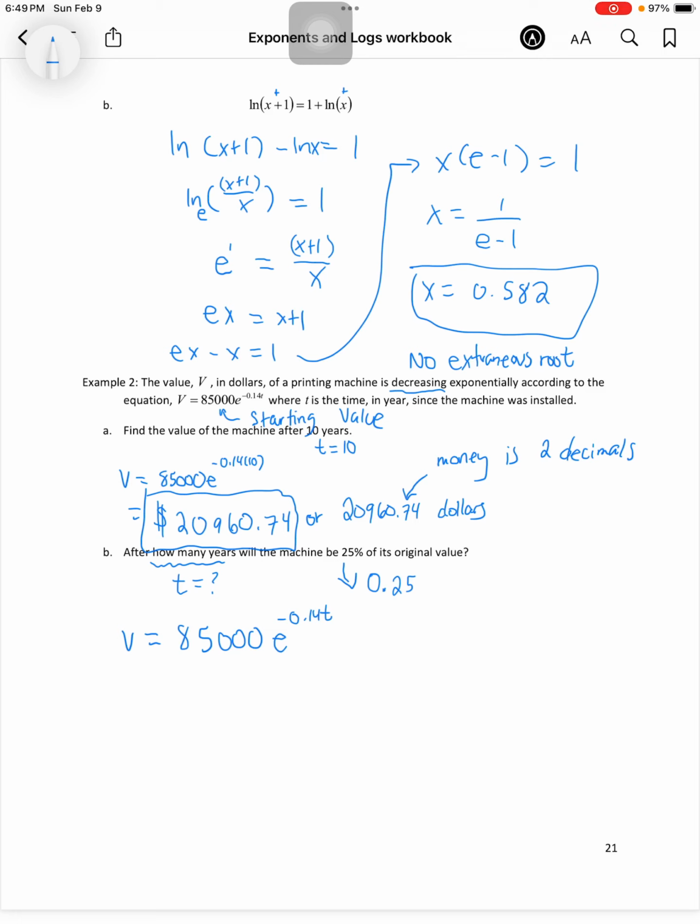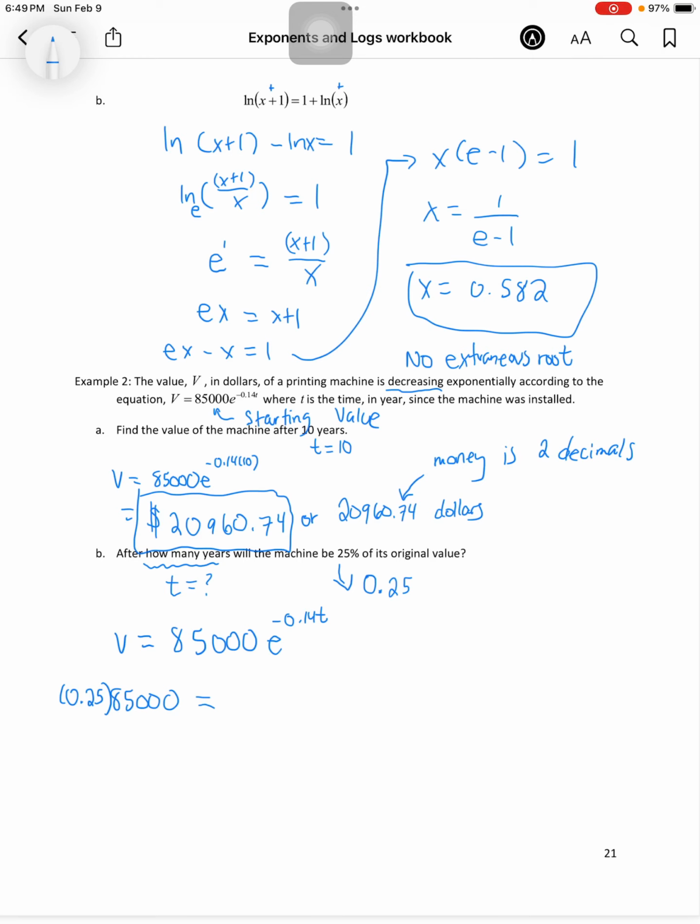Original value is kind of like a synonym for starting value. So all you're going to do is take your starting value, which you said earlier is 85,000, and multiply this by the decimal number here, 0.25. Because if you multiply these two things together, it's going to give you 25% of that number.